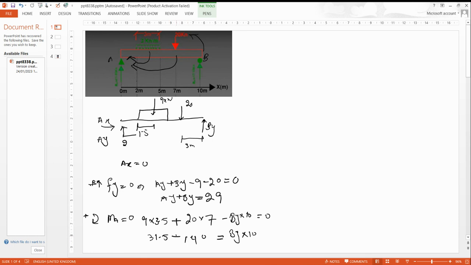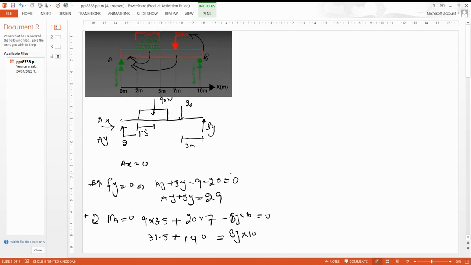These two are positive and divided by 10, not 6, so By will be 31.5 plus 140, divided by 10.